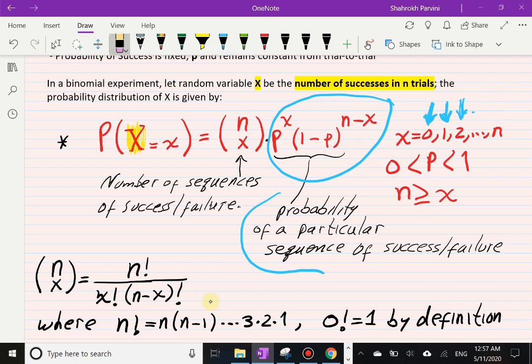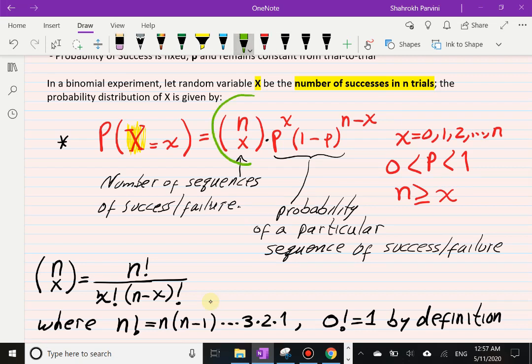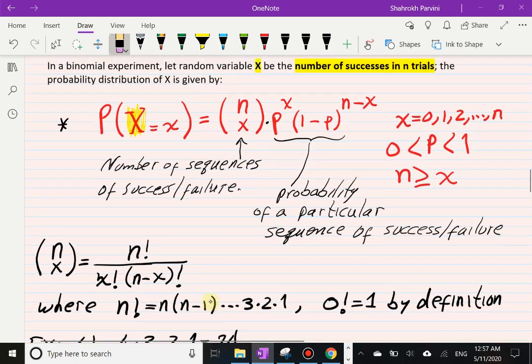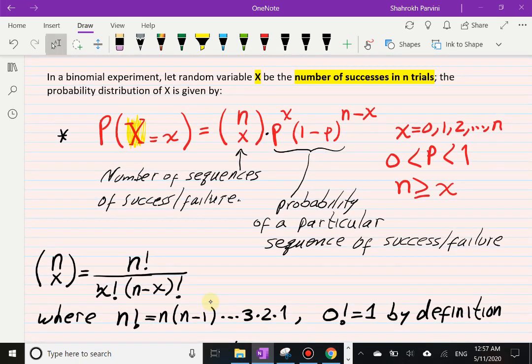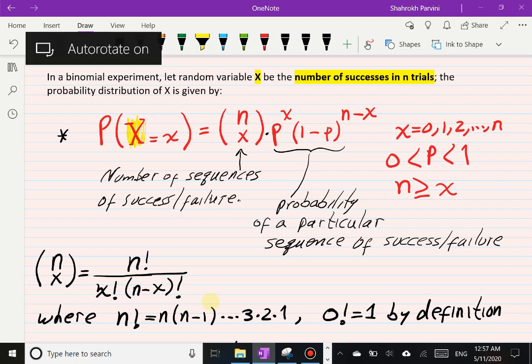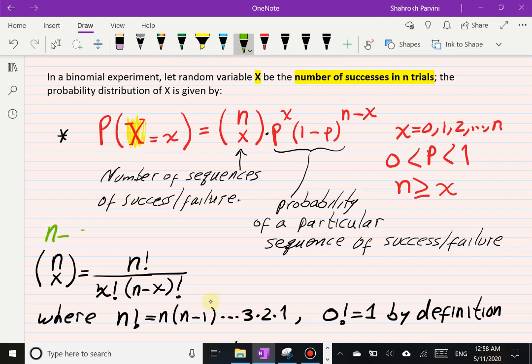Okay, so let's take a look at this n x portion right in here. This is what we want to look at. The way we read this, by the way, is n choose x.